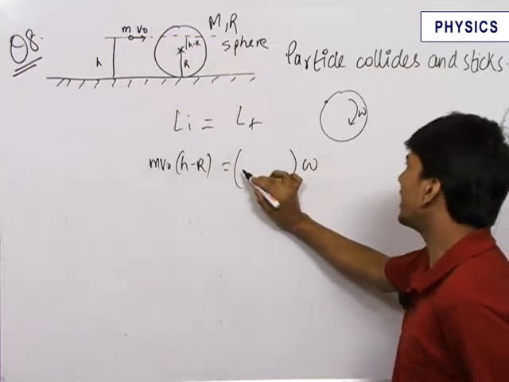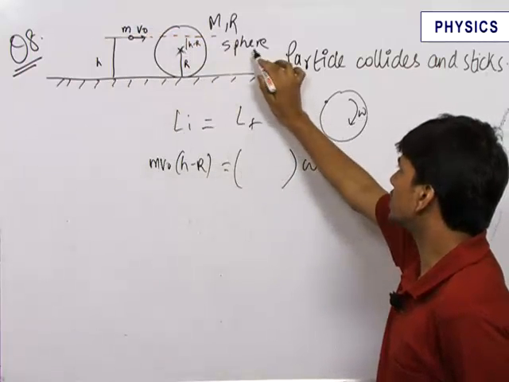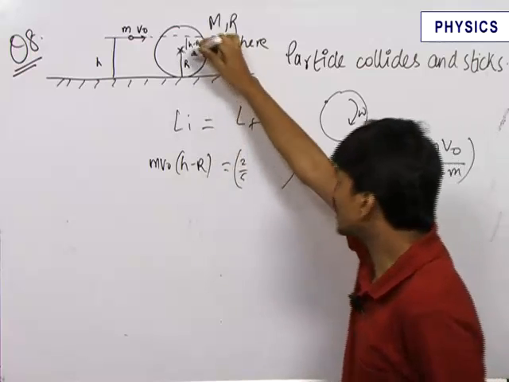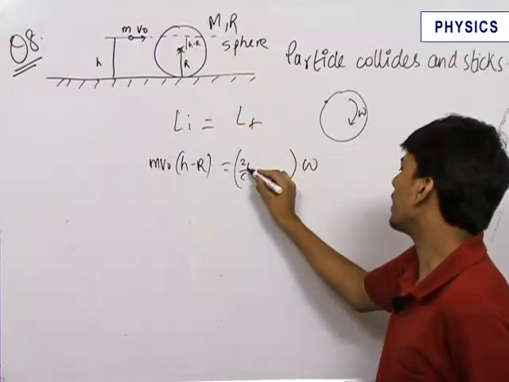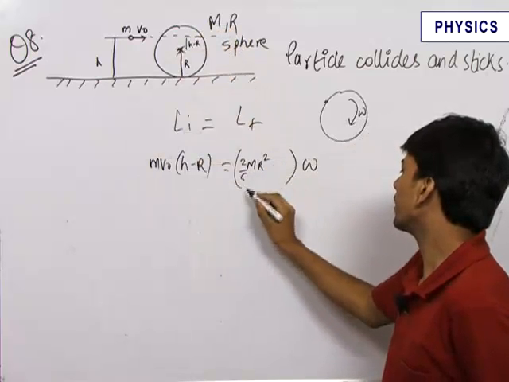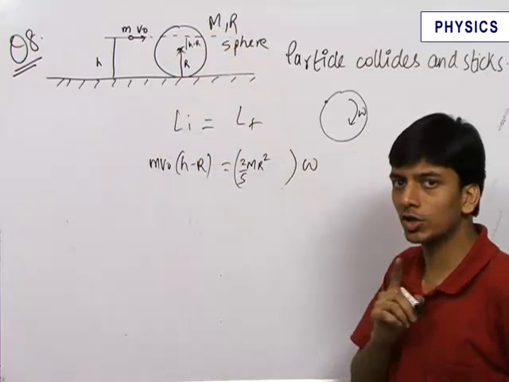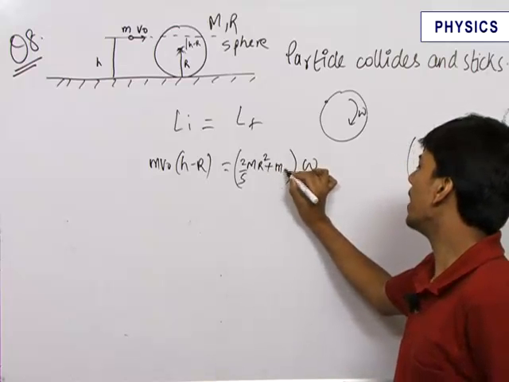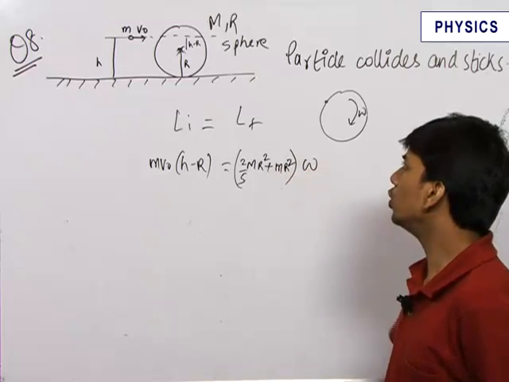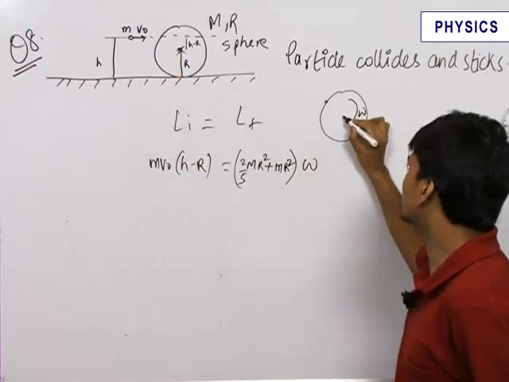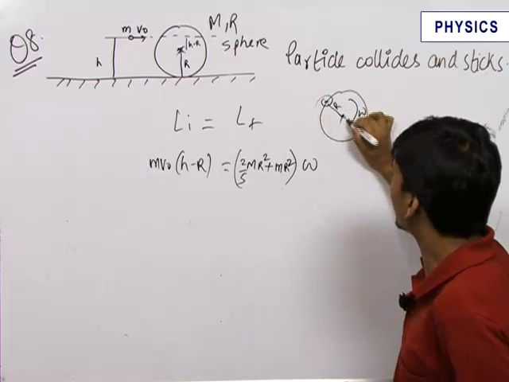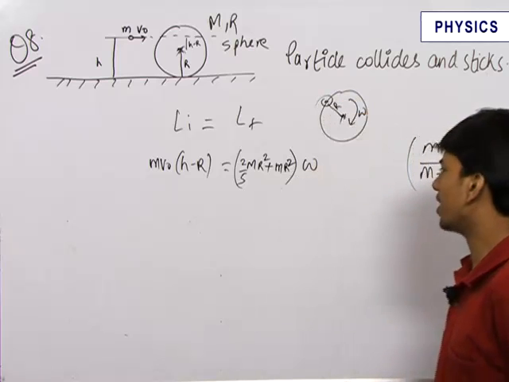Now we write down the moment of inertia. The moment of inertia of a solid sphere about an axis passing through its center of mass is 2 by 5 M r square. You must not forget an additional term, m r square, due to the particle being stuck to it, which is the additional moment of inertia of this particle about the center of mass.